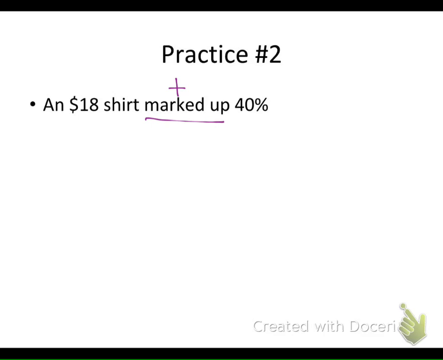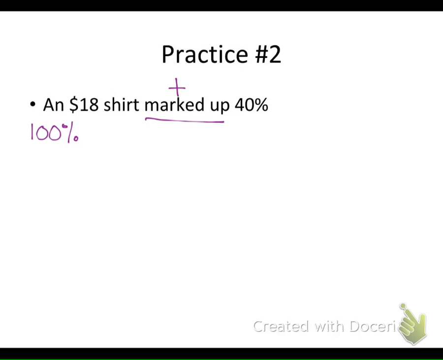So then I go through my steps. Step 1, Jaden, what do I do? Start at 100%. Mackenzie, what's step 2 say to do? Am I going to add that or subtract that?